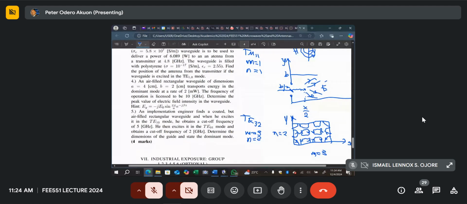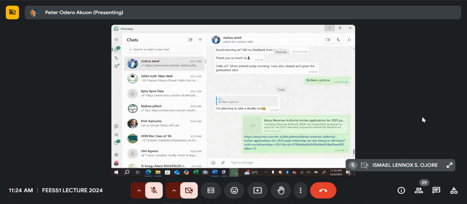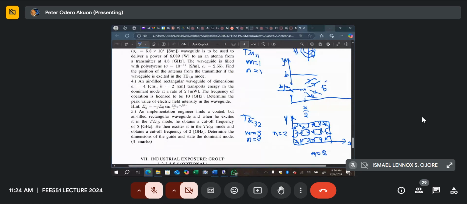That must also be up, same direction. So you can always draw it: leaving here, entering there. So that is the depiction of the half-wave variations for M equal to 3 and N equal to 2.